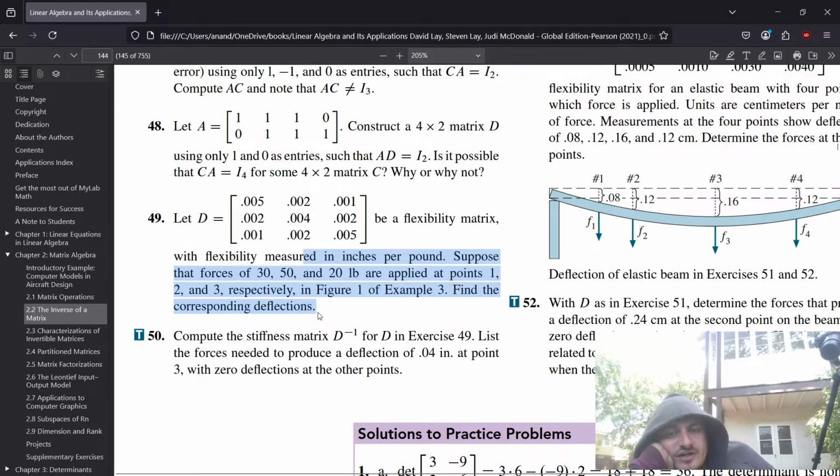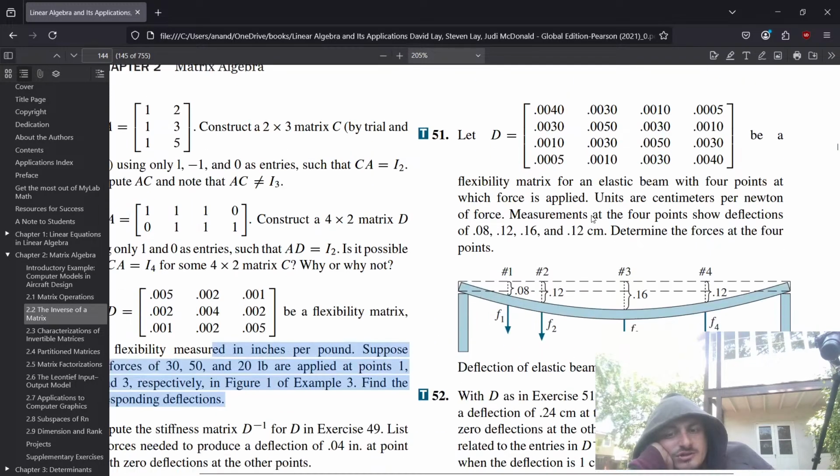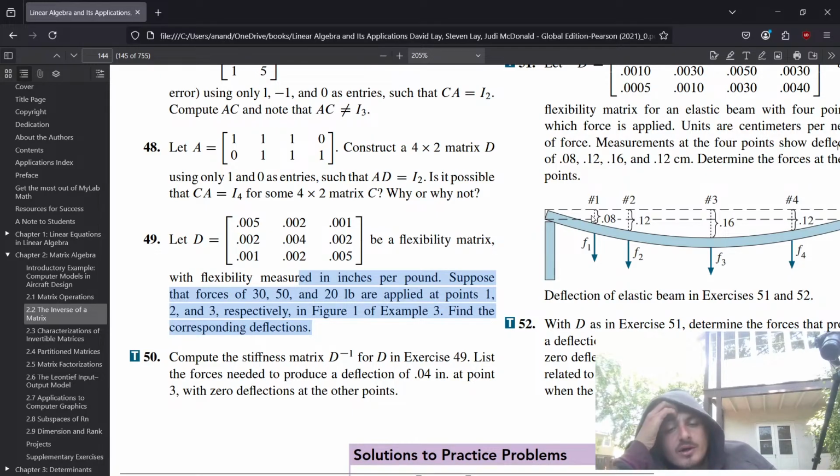So what does this mean? If I apply, so we have this beam here. Let's just say it has 3 points. If I apply a unit vector of force to, let's see, if it's just 1, 0, 0, then the force.